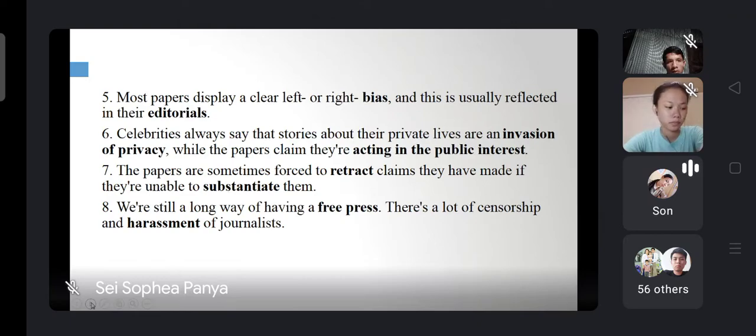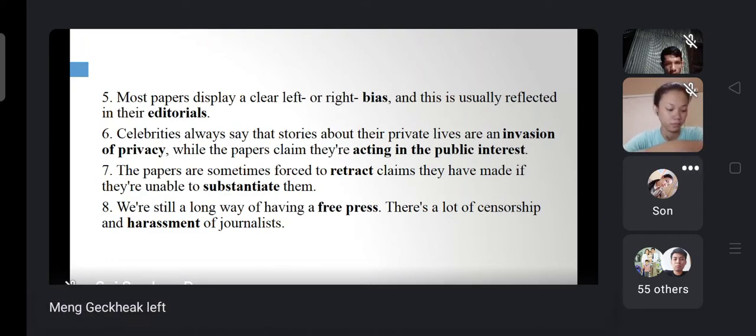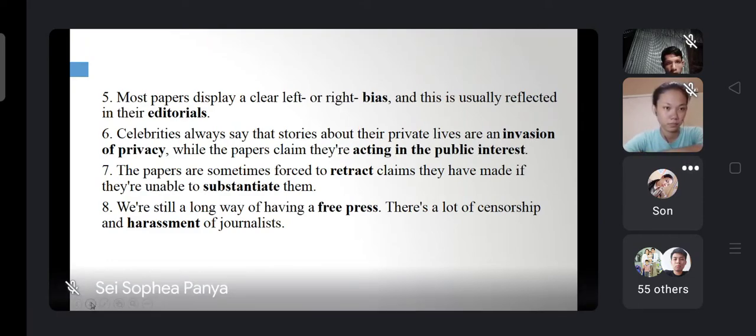And editorial means relating to the commissioning or preparing of material for publication. Number 6, celebrities always say the stories about their private lives are an invasion of privacy, while the papers claim they are acting in the public interest.